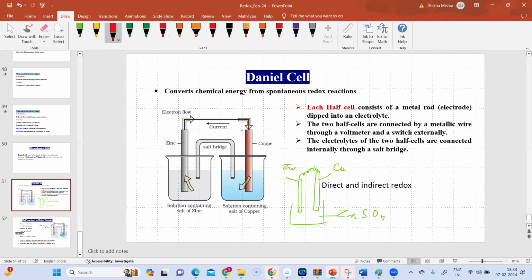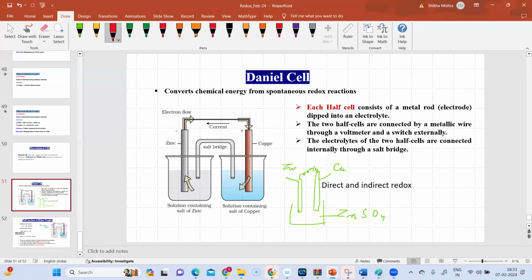Two half cells will combine together to give us a complete electrochemical cell, as you use in the TV remotes, the AC remotes, all of them have a cell, right?